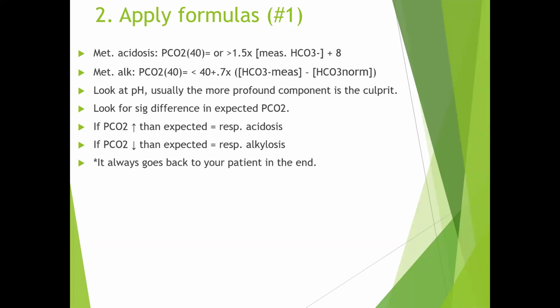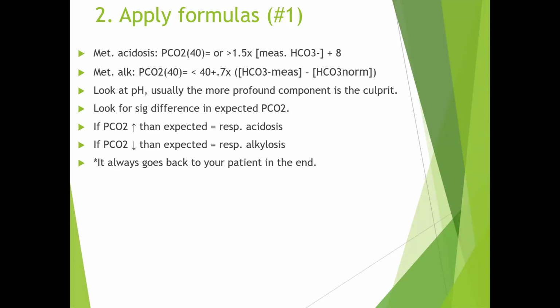So the partial arterial pressure, that 40, is equal or greater than 1.5 times the measured bicarb, which would be low, plus 8, which is going to be a lower number because the bicarb is low. So 40 is going to be greater than, let's say, 20. The formula works. If it were respiratory, the bicarb would be up in an attempt to compensate for that respiratory. That formula would fail. But yet there's still acidosis. It's just not a metabolic acidosis. It's a respiratory.